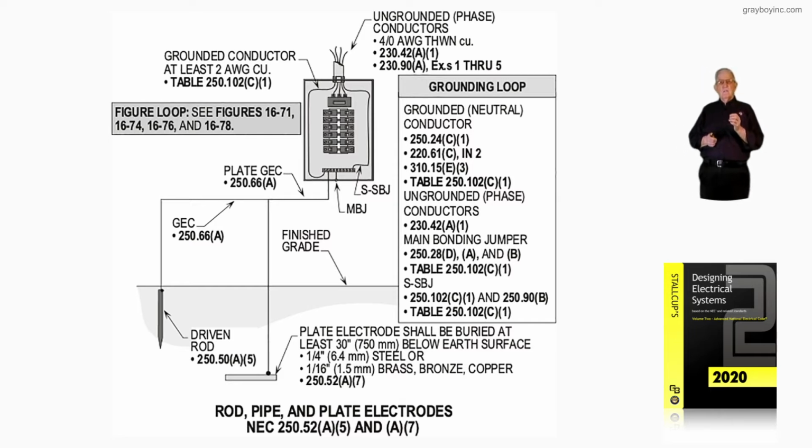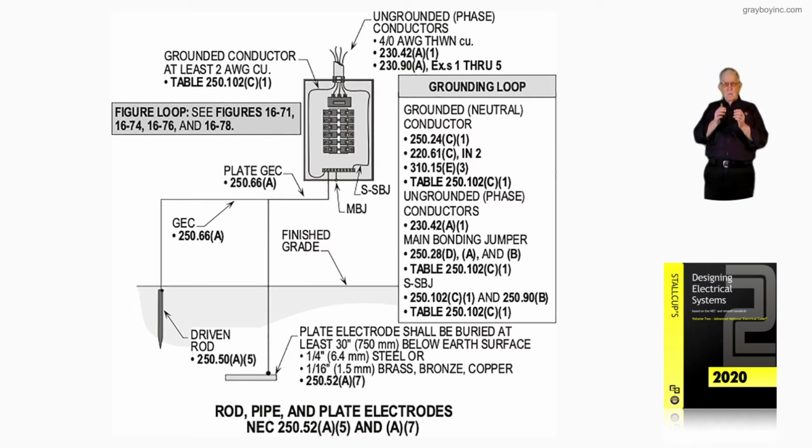But now notice if we focus in on the plate electrode, it shall be buried at least 30 inches below the Earth's surface. A 1/4 inch steel or 1/16 inch brass, bronze, or copper could be used in accordance with 250.52(A)(7).